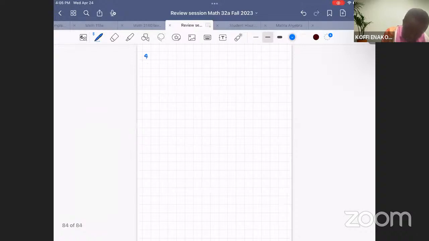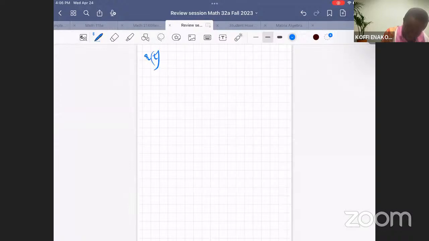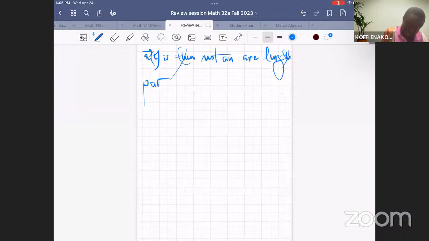r of t is then not an arc length parameterization.